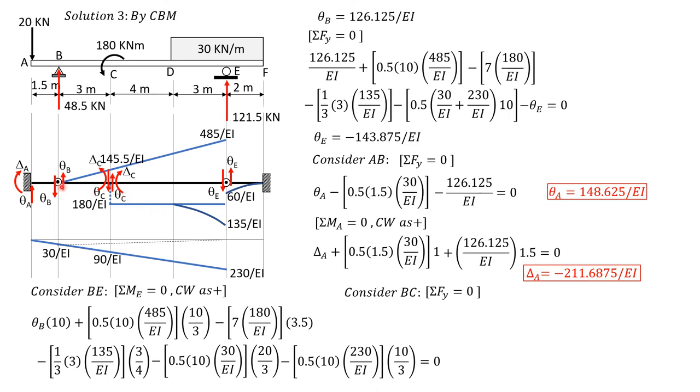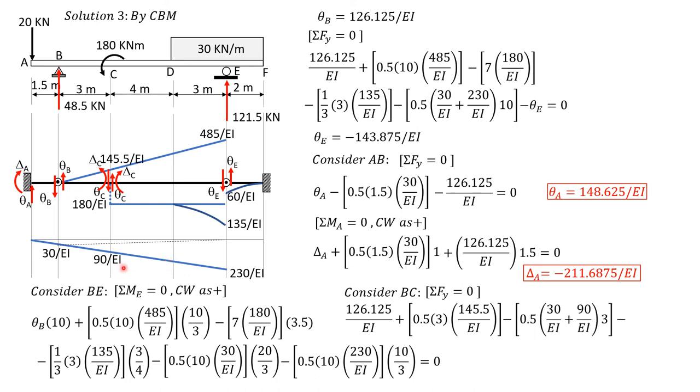So you have theta B 126.125 over EI plus area of this triangle, which is 0.5 of 3 times 145.5 over EI, then minus this area of trapezoid. So 0.5 of quantity 30 over EI plus 90 over EI times 3, then minus theta C equals 0. So solving for theta C is 164.375 over EI, just like in double integration method.